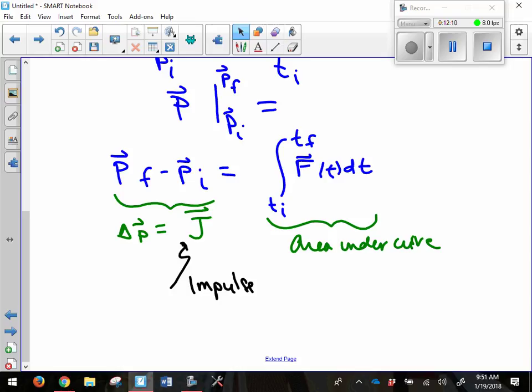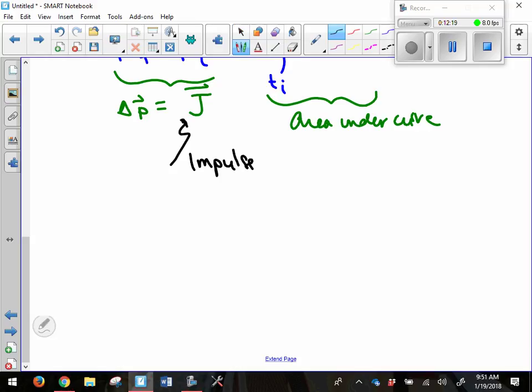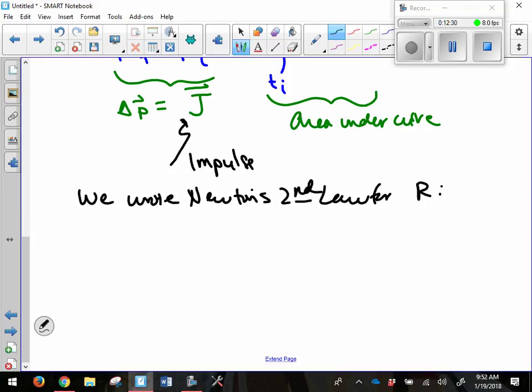And each of the objects in my collision have their own impulse. So since we wrote Newton's second law for my object R, that tells me that JR is equal to the integral from TI to TF of f of t dt.